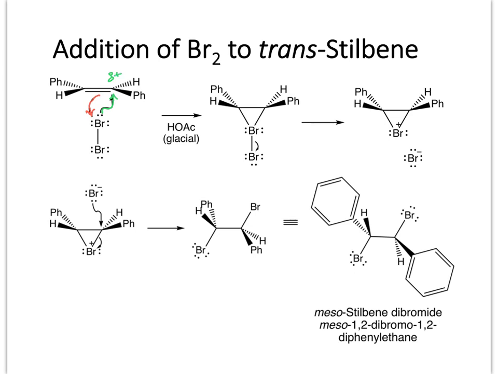The electrons replace there. We get a cyclic intermediate. Dissociation of the second bromine atom leaves behind our cyclic bromonium intermediate.